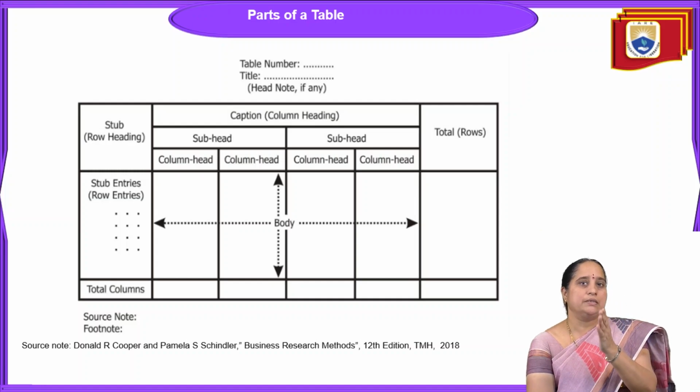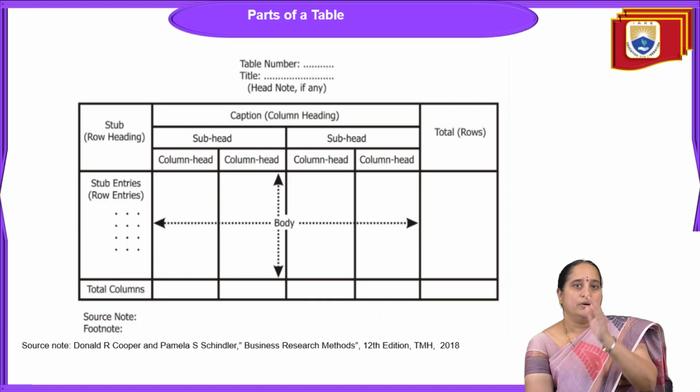Each stub is further divided into different rows, and captions are also subdivided into various columns, and we have the summative values of total rows as well as total columns.